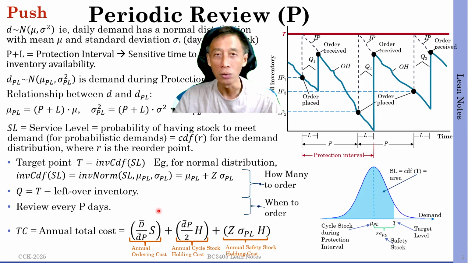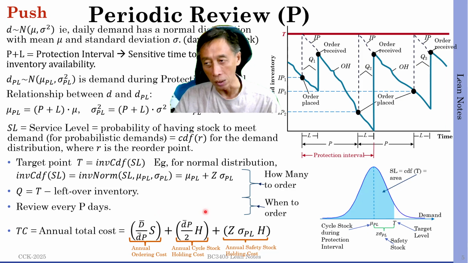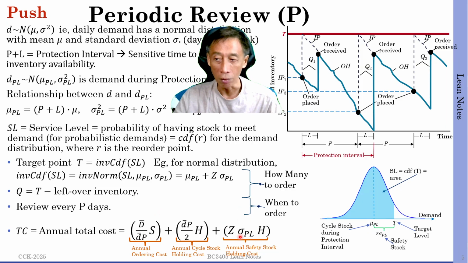It's just close to the average, because for example, safety stock, we did account for the occasional borrowing of items from the safety stock, thereby reducing the holding cost a little bit for a short period of time. We just round it up to a whole, so that's the annual safety stock cost. No change from the continuous review.